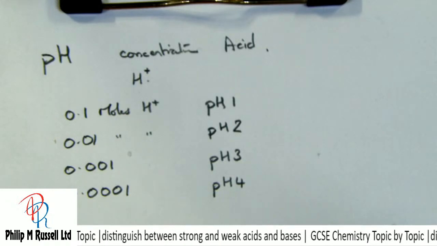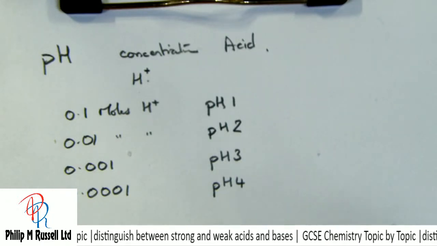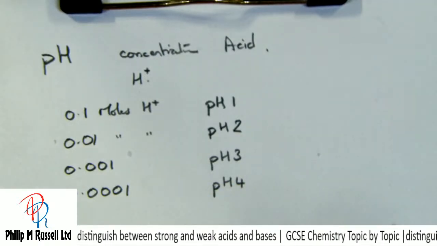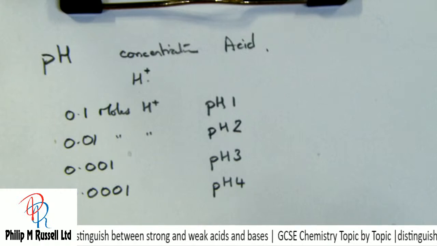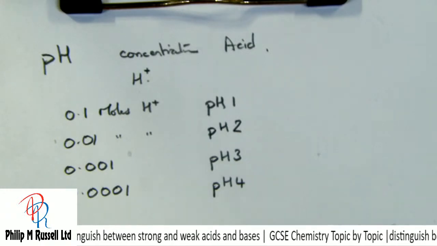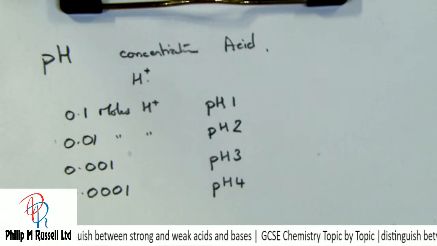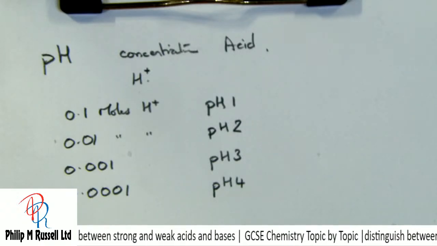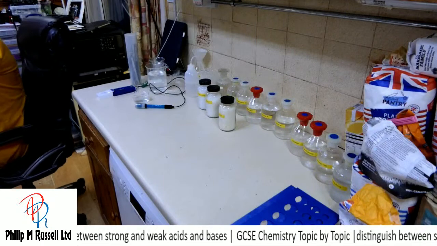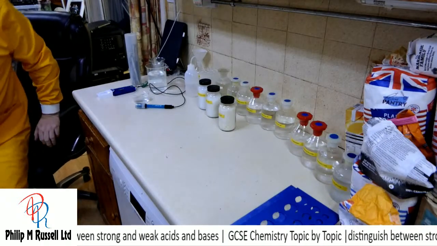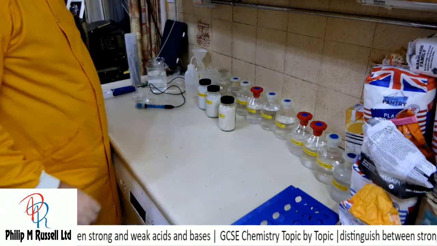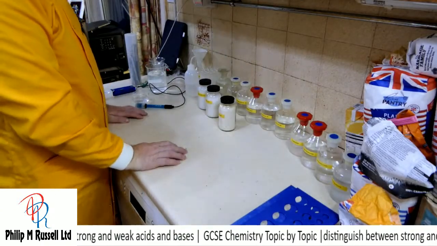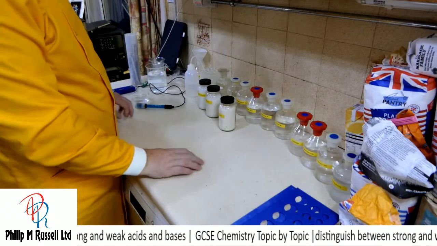So let's have a look at some strong acids and some weak acids, and see what we can find out about what they do. Let's go over and have a look at some of these substances. Okay, we've got a real collection of bits and pieces here.